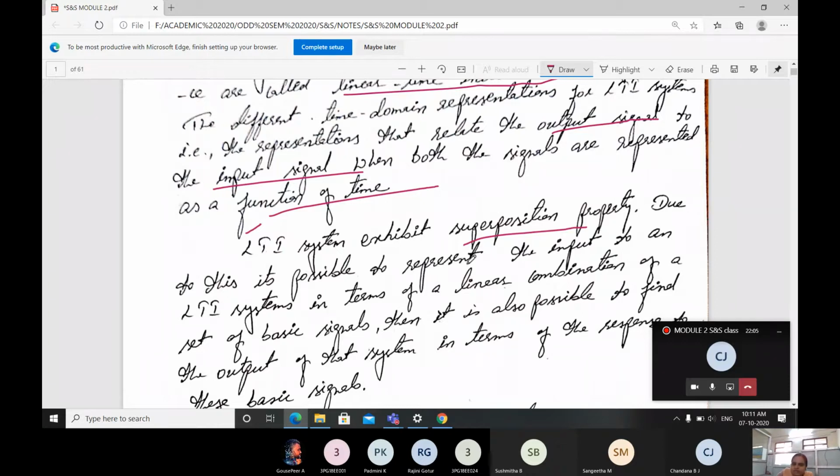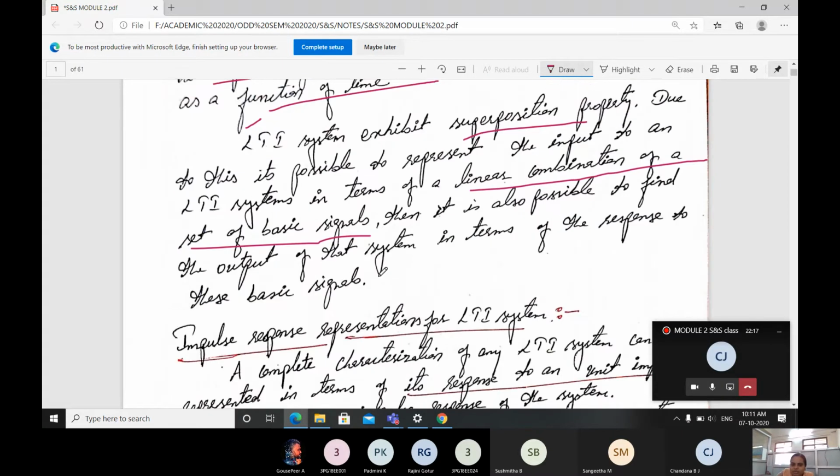Due to this, it is possible to represent the input to an LTI system in terms of linear combinations of a set of basic signals. Why are they called a set of basic signals?